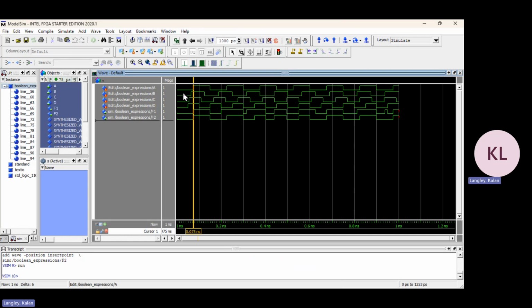All right, starting with all zeros, we expect F1 and F2 to be 0. Now going to D is 1. All are zeros.